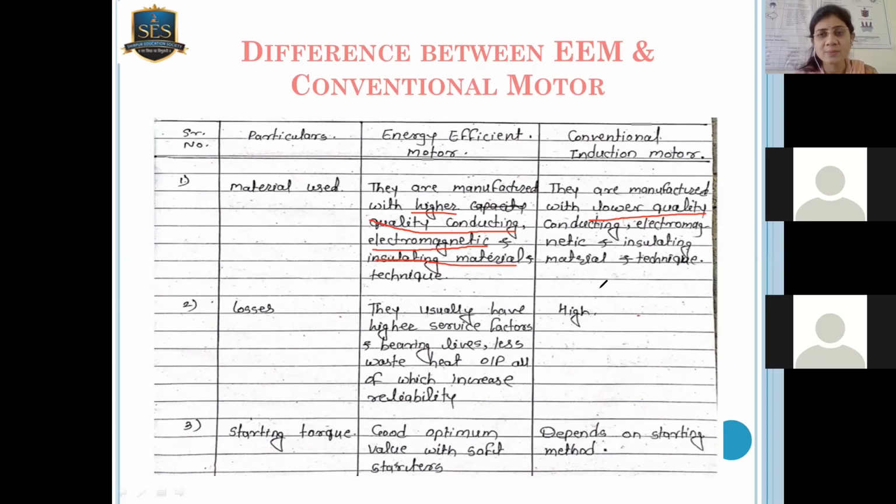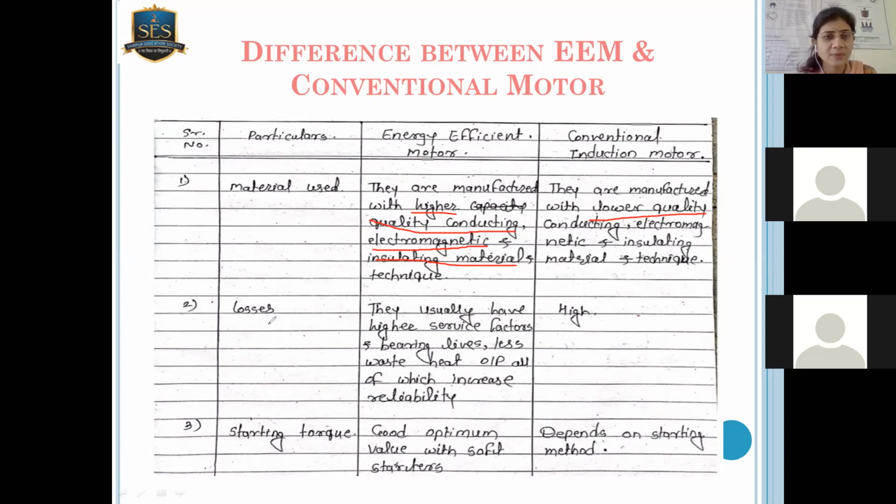So all types of materials used are of lower quality. That was the first point: material used is of high quality in the energy efficient motor, and in the conventional motor lower quality materials are used.